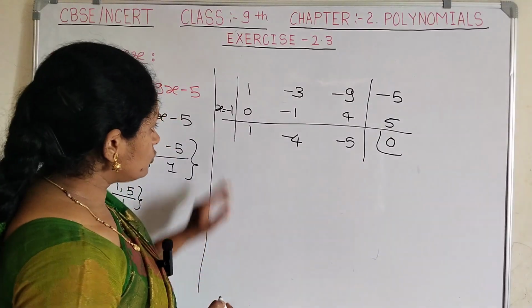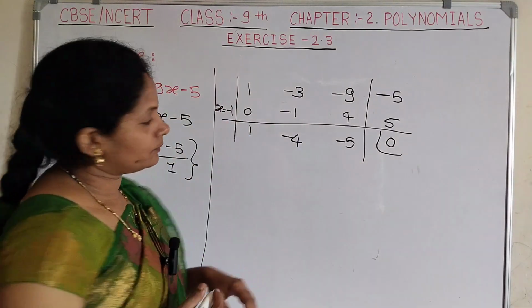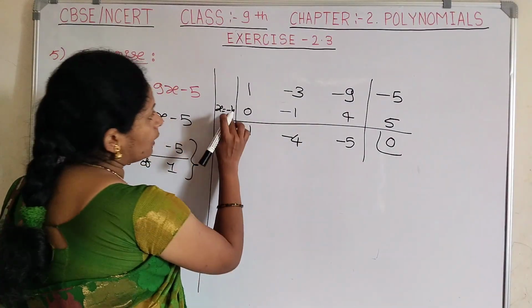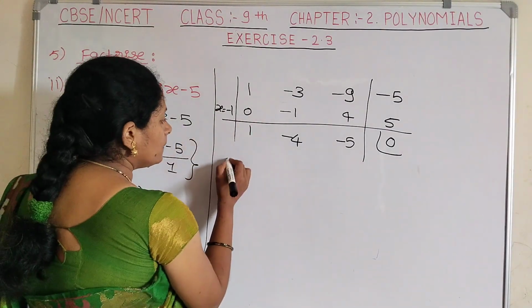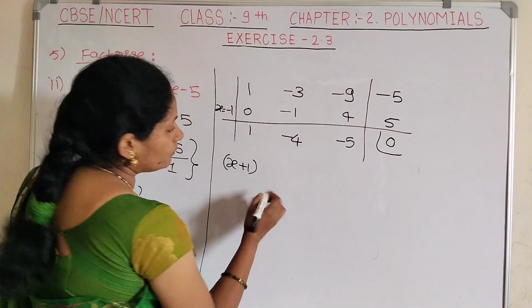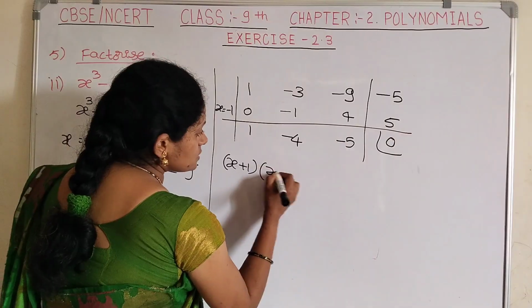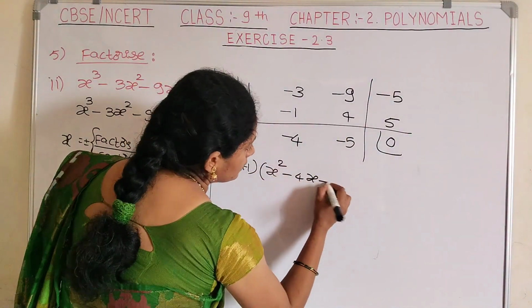Now we have to take 1 power lesser than the previous one. What will this be? Now x is equal to minus 1, if it goes to the other side, then it will be x plus 1. We can write x plus 1 into, this is the x square, this is the minus 4x, this will be minus 5.